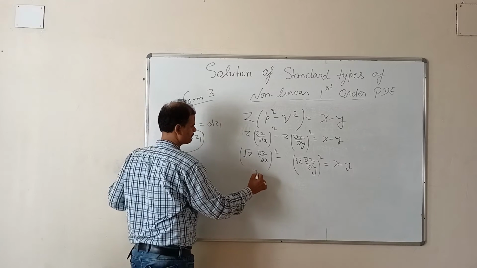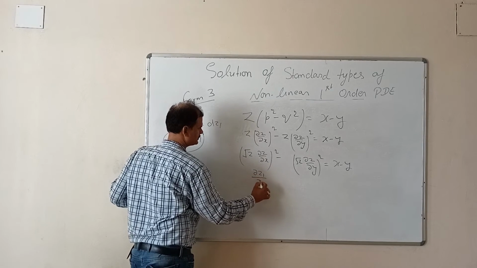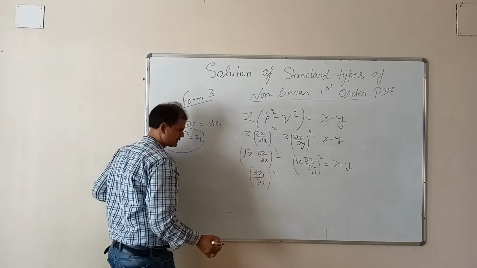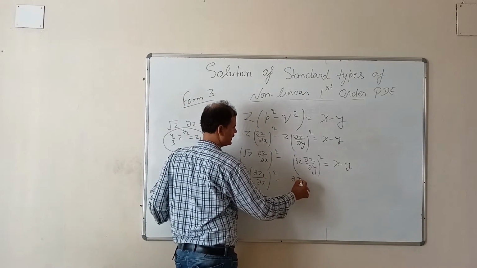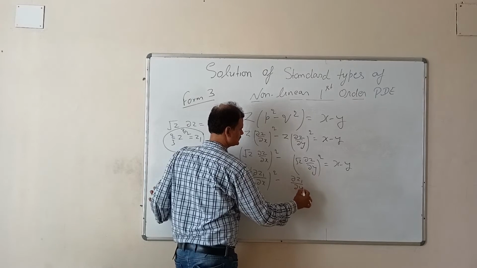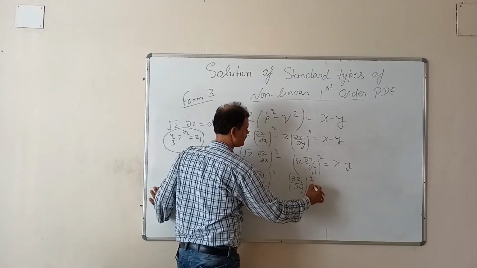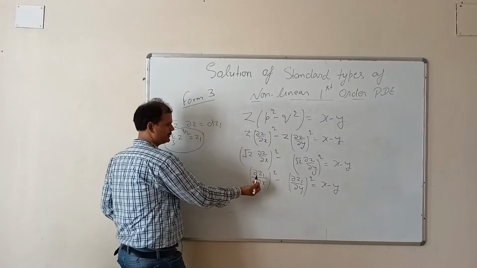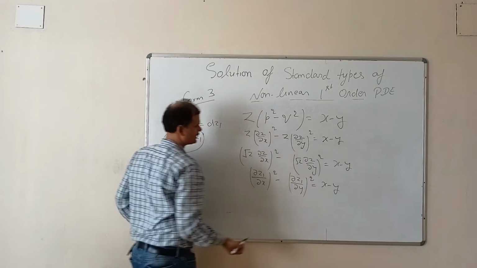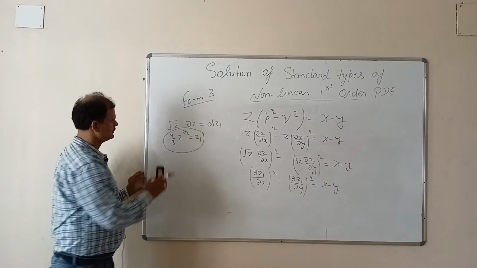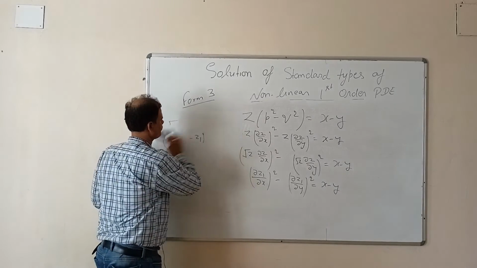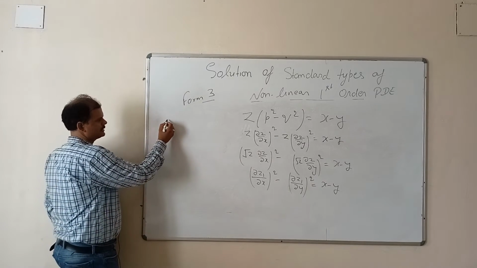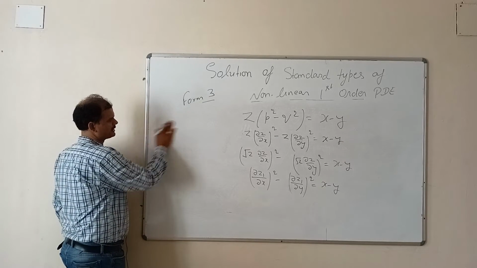Then we can have (∂z1/∂x)² − (∂z1/∂y)² = x − y. Now this is in the form of P, Q, x and y. So this is capital P.